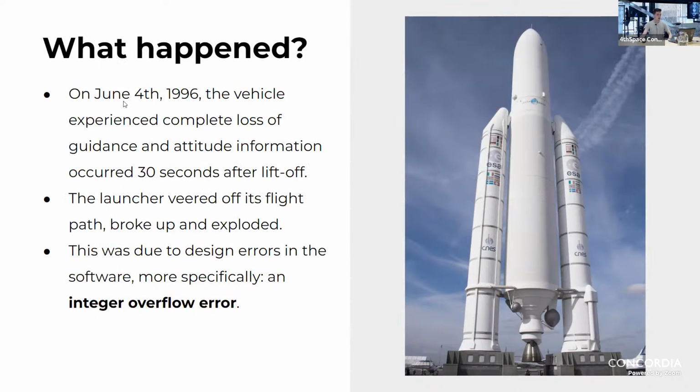When it launched on June 4th, 1996, the rocket experienced complete loss of guidance and attitude information 30 seconds after liftoff, which caused it to veer off course and eventually self-destruct. This was due to a design error in the software, more specifically an integer overflow error.